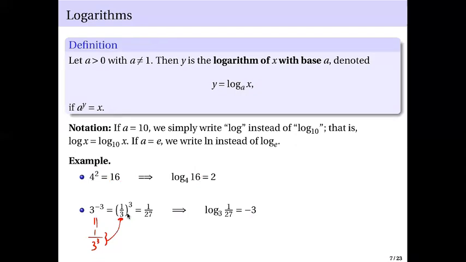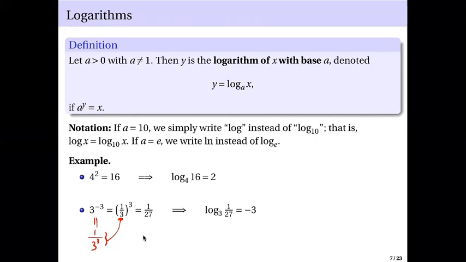So 3 raised to negative 3 is the same as 1/3 raised to the power 3, and that's 1 over 27. Or coming from here, you know that 3 to the 3 is 27, so 1 over 3 raised to 3 is 1 over 27.